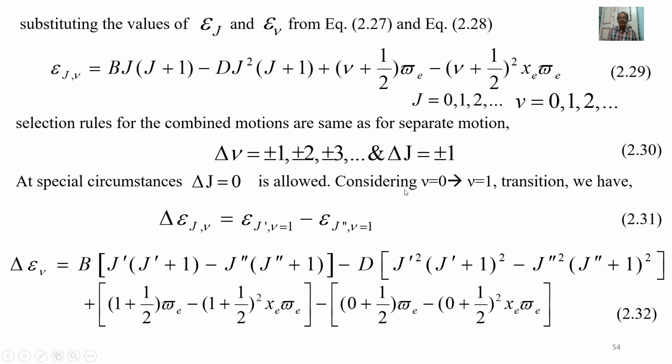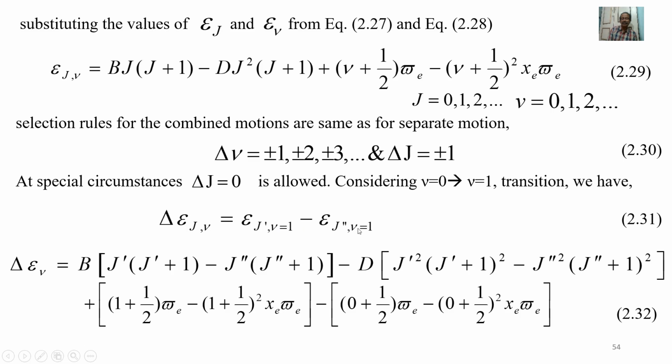Now we are going to consider the transition from nu equals 0 to nu equals 1. So we can have delta E J comma nu, which is equal to the higher level minus the lower level. Now we are going to use equation 2.29 and substitute nu equals 1 here and nu equals 0 here.